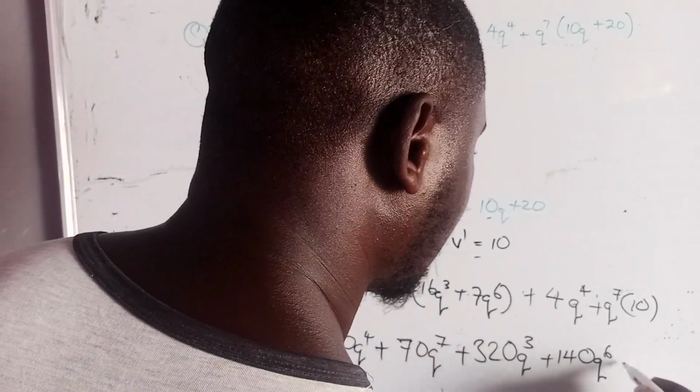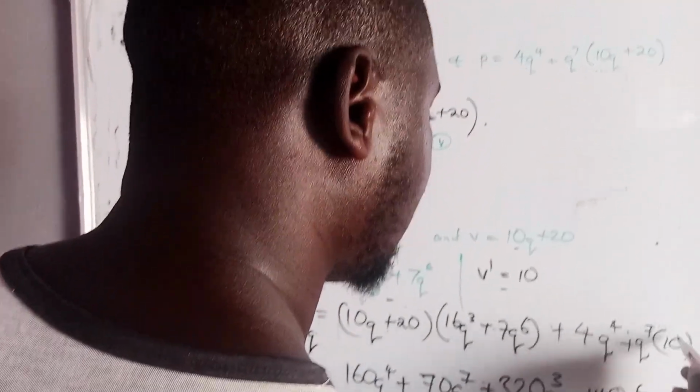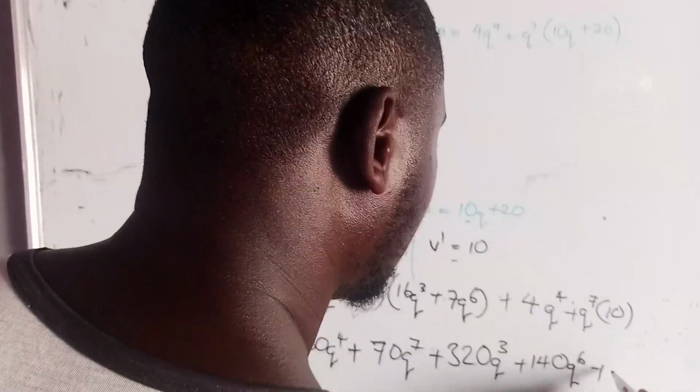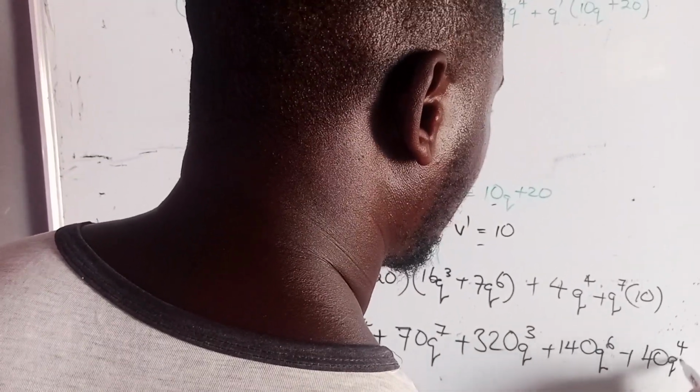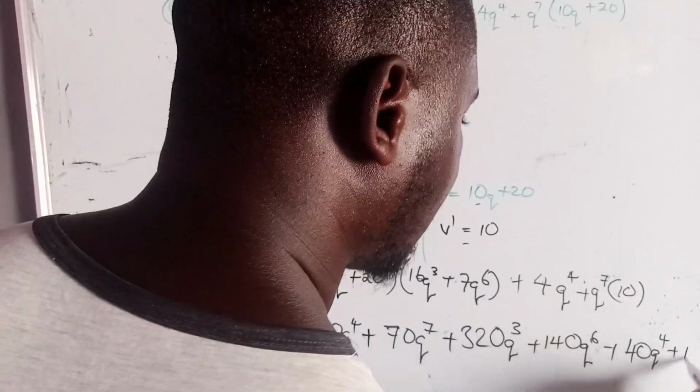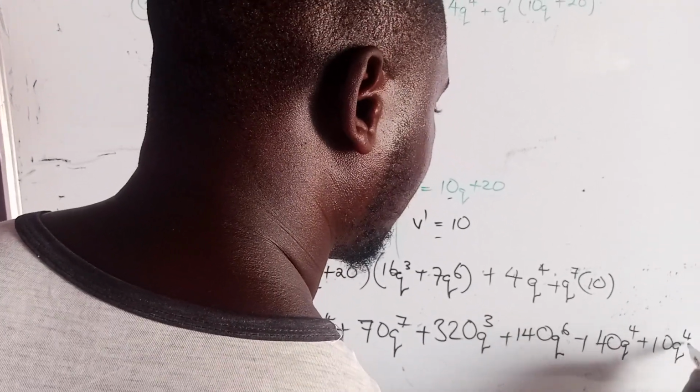Then plus this side: 4 times 10 is 40q^4, plus 10q^7.